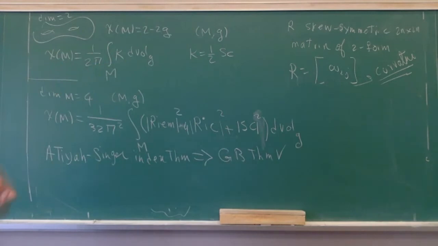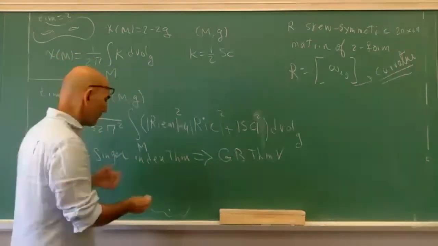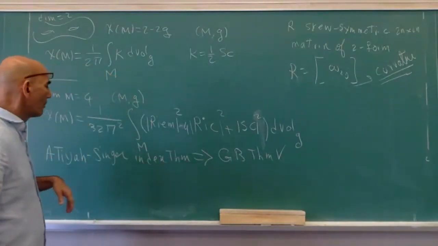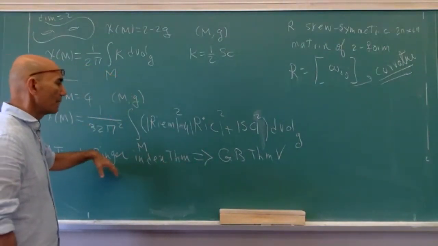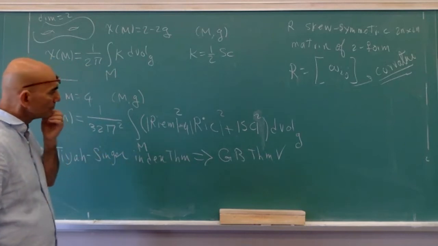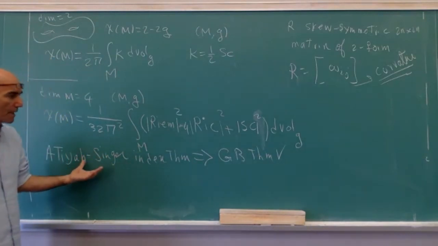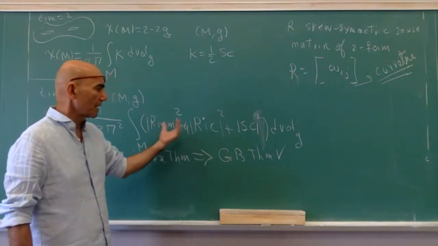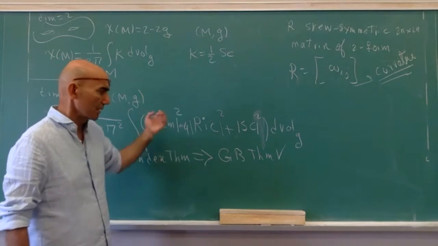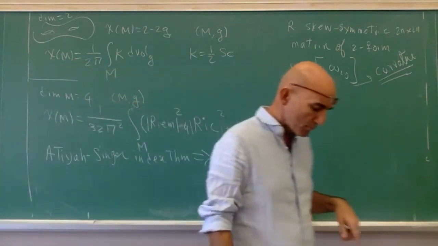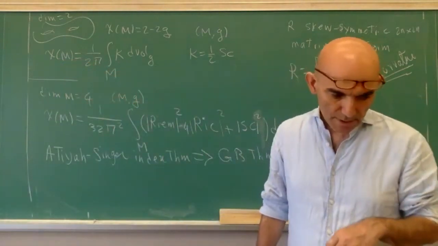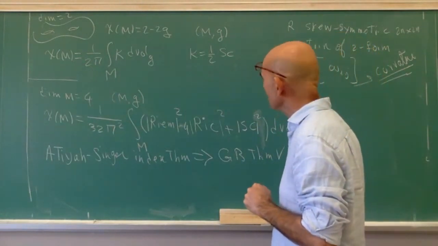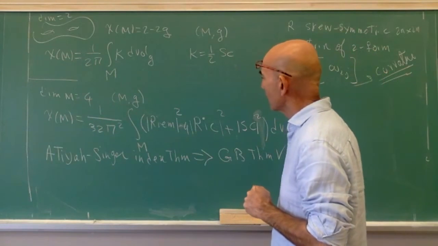Once you learn index theory, you have enough facility to be able to derive this result from it. This can be done. And this was one of the first examples of an index theorem that was convincing that such a general theorem should exist. So that's as far as Gauss-Bonnet goes for now.